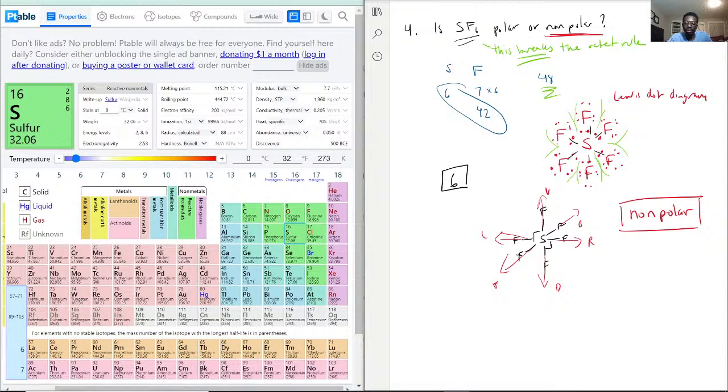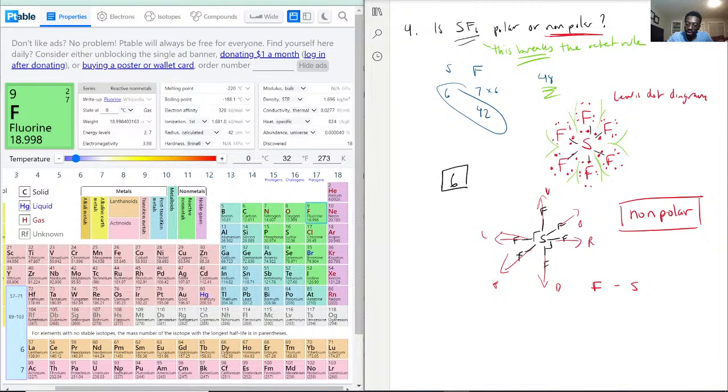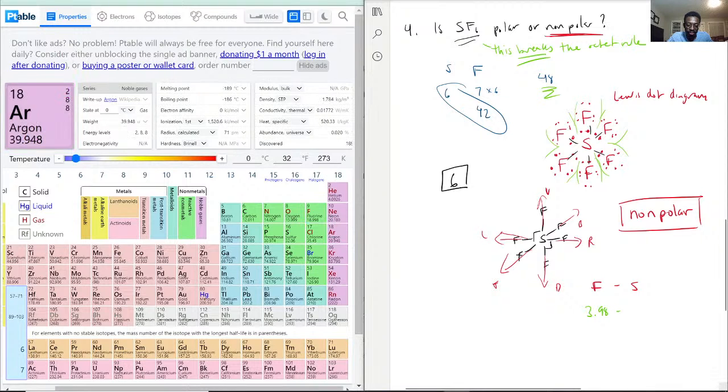The reason why I say it's a polar bond is because of the electronegativity. When you do the electronegativity of fluorine minus sulfur, and you look at the values, 3.98 minus 2.58, that's 1.4.